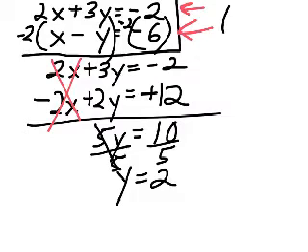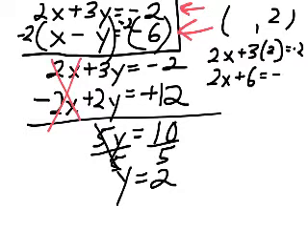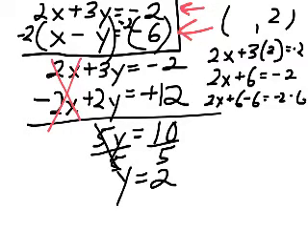Okay, so in our ordered pair, the y part of it is 2. But now we've got to find out what x is. We could use our first equation. We have 2x plus 3y. I'm going to put in the 2 for the y. That equals -2. Alright, so 2x plus 6 now equals -2. Subtract 6 from both sides. 2x plus 6 minus 6 equals -2 minus 6.